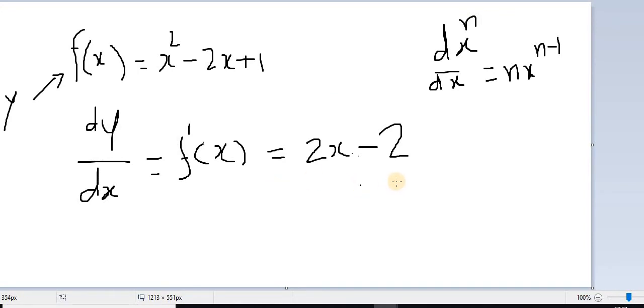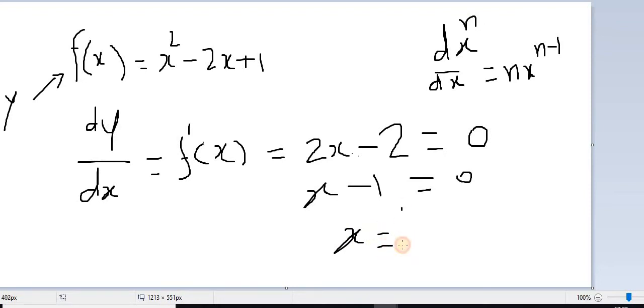So this is f dash x, and we equate it to 0 and find the value of x. When you take 2 common, you get x minus 1 equal to 0. That means x is equal to 1.